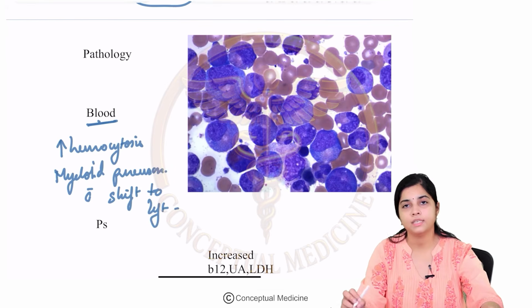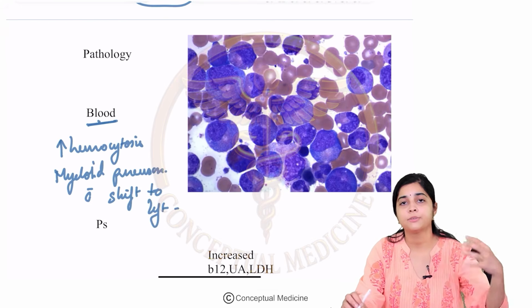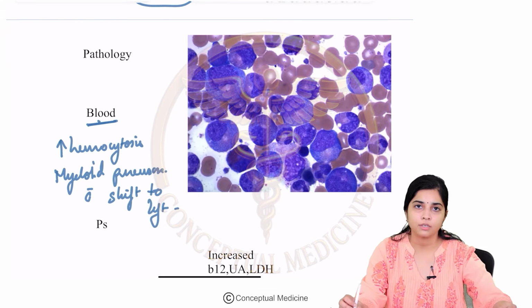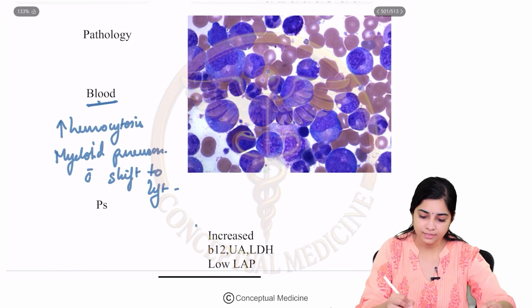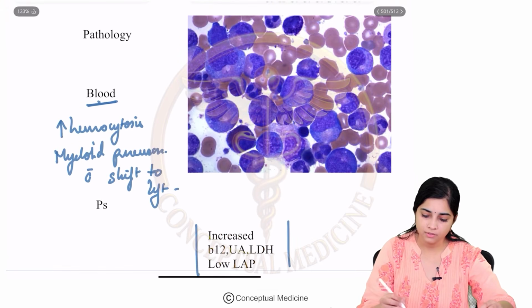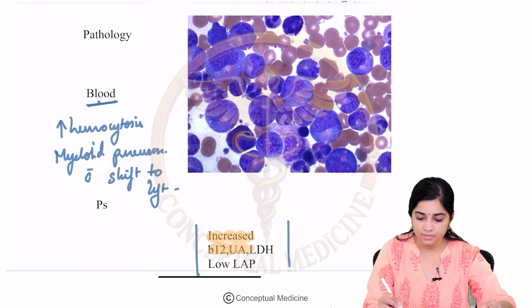This is what you will see in the peripheral smear, and when you do a CBC, you will find that the total counts are elevated. Apart from that, certain other laboratory values you will have to focus on: the B12, the uric acid and the LDH levels are increased, very important.